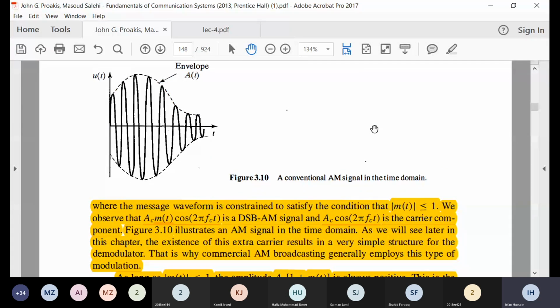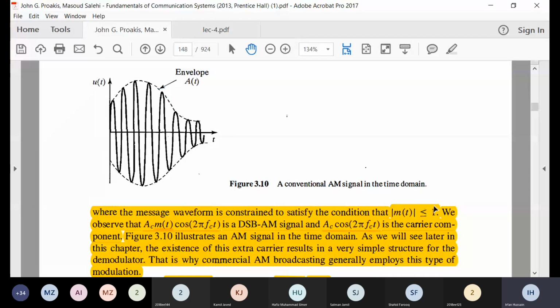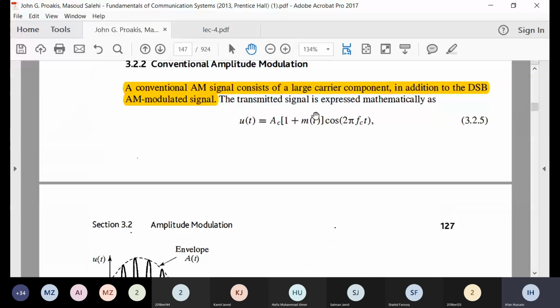Here we make sure that this m(t) is less than or equal to 1. Normally it is less than 1, but in general it is less than or equal to 1. So it is a signal changing with time, but its absolute amplitude will always remain less than or equal to 1.